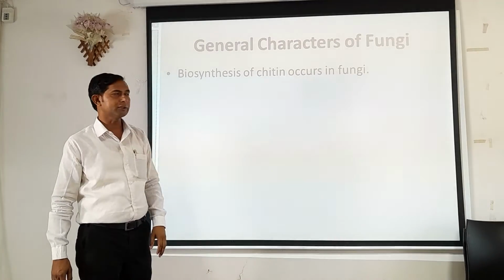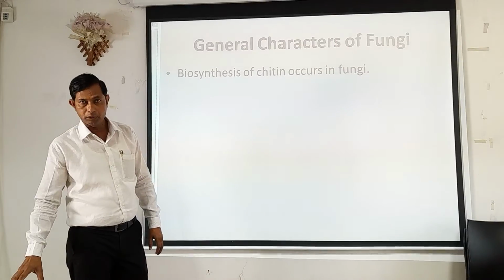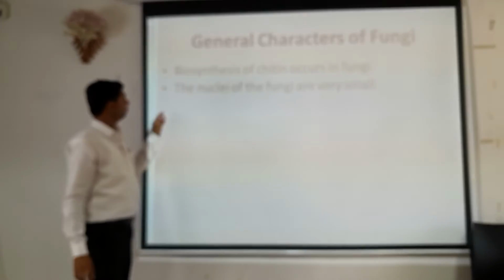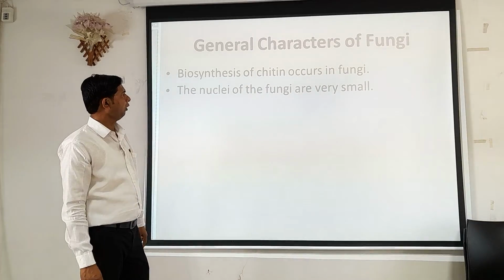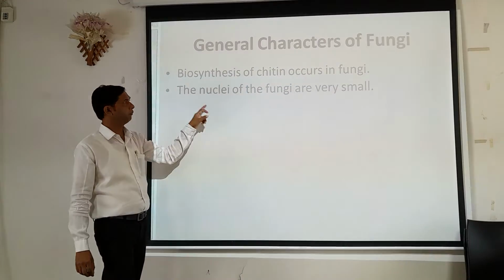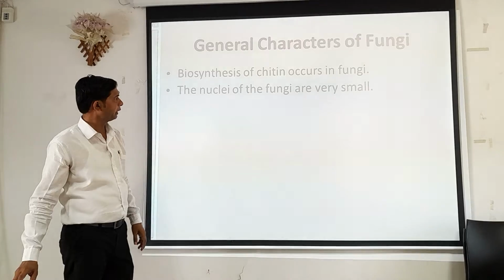The chitin is an external structure which covers the fungi, and this chitin is made up of sugar polymers. Now the nuclei of fungi are very small. Though small, it is a developed one, and that's why they are known as eukaryotic.